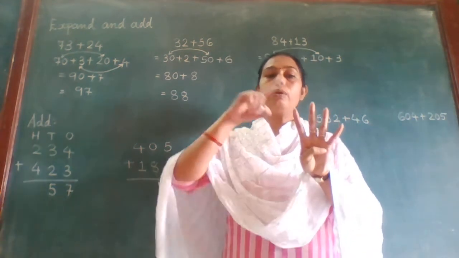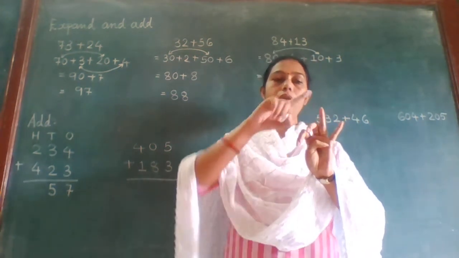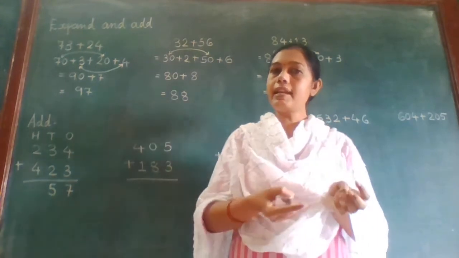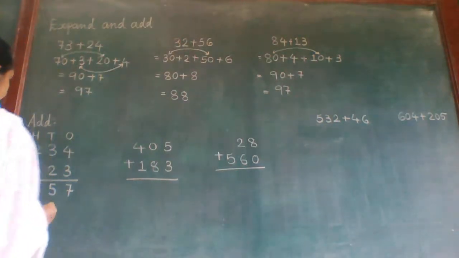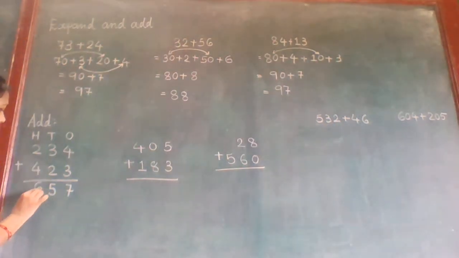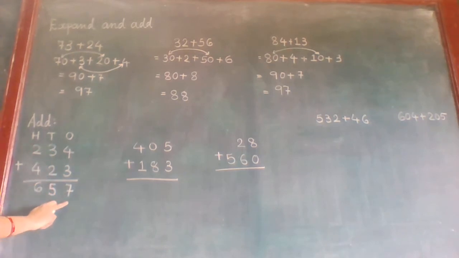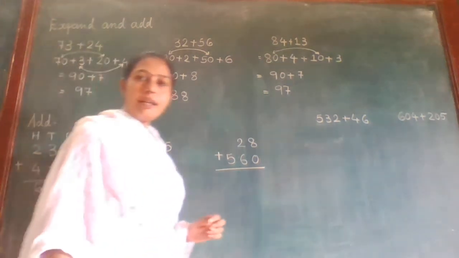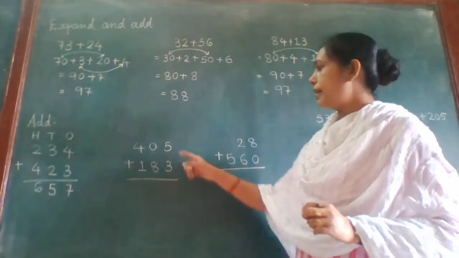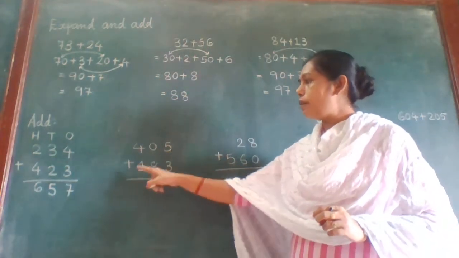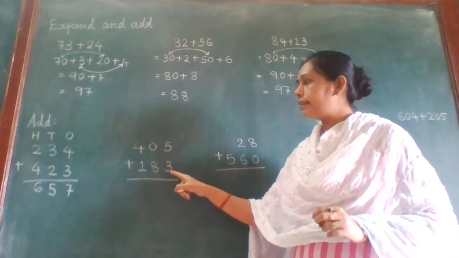After 2, 3, 4, 5, 6. So we write 6 on hundreds place, means 234 plus 423. The answer is 657. Clear?